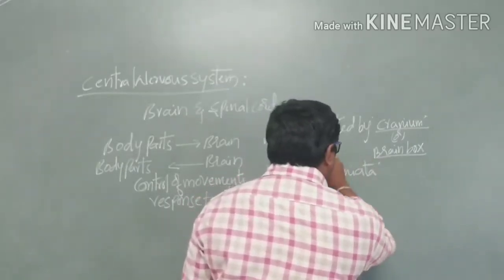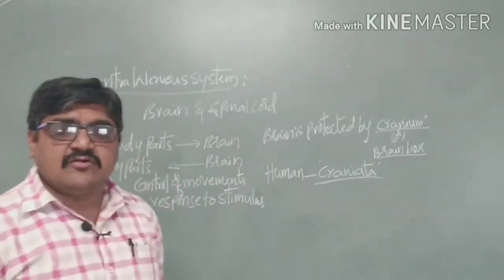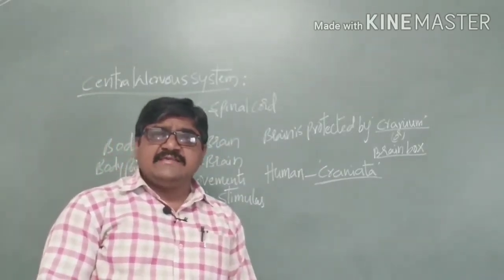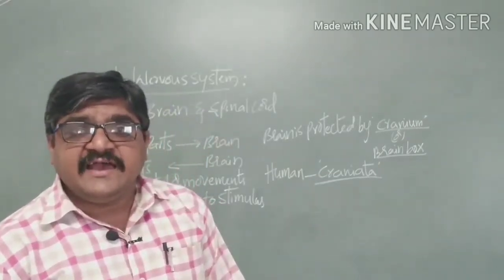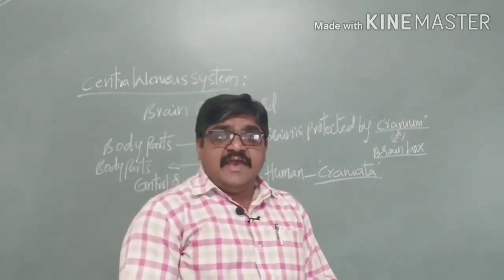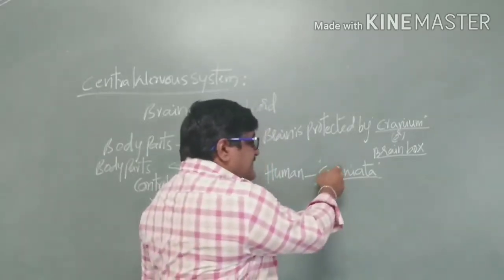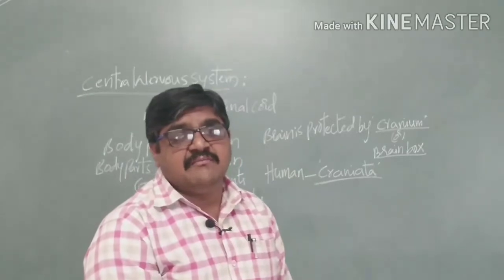They are called craniata because the brain is protected by a specialized box-like structure, which we call the cranium.